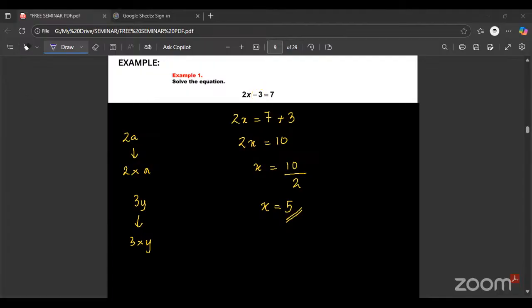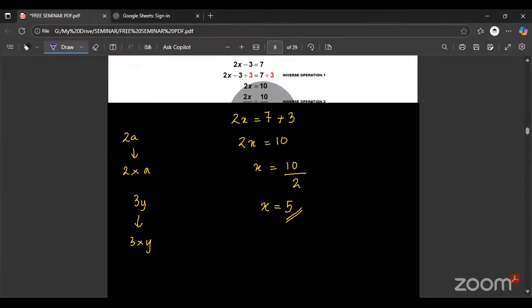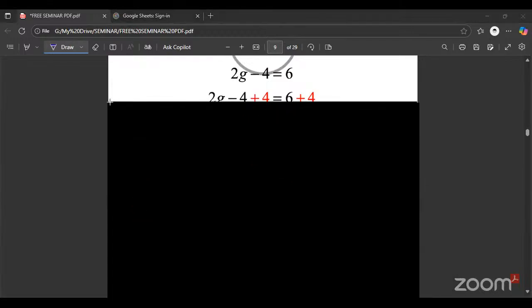Okay. The second example, they have given you the example here. It says 2y minus 4 is equals to 6.